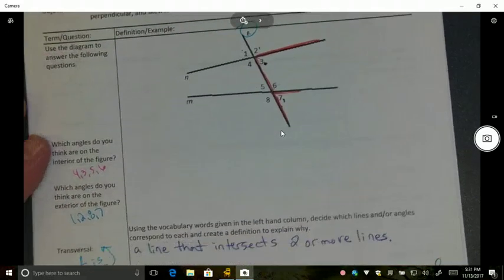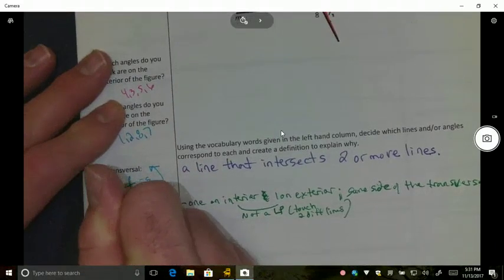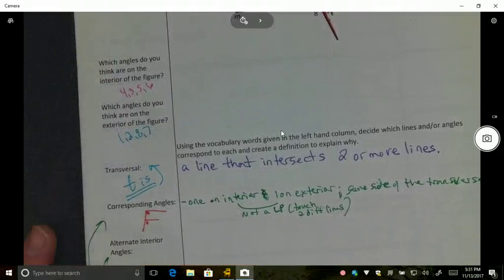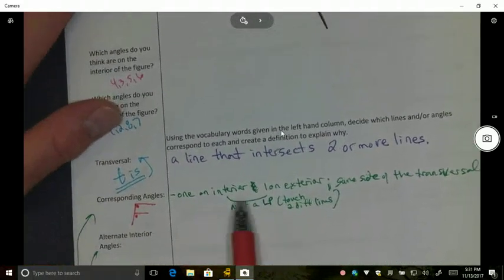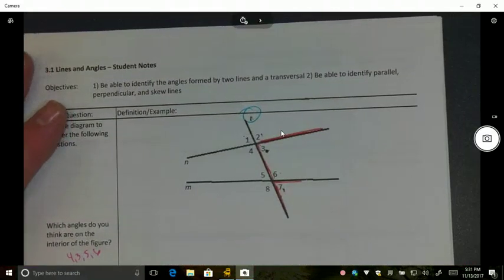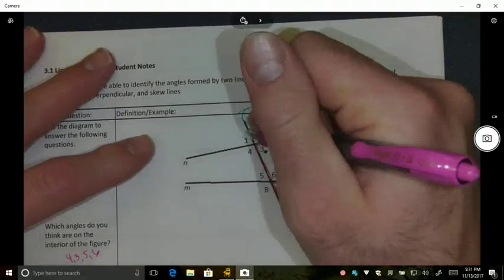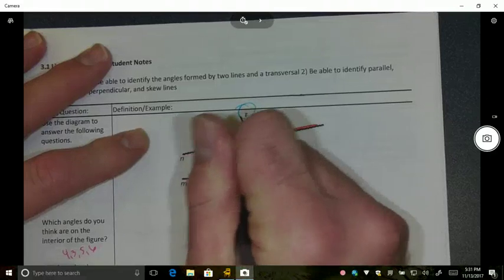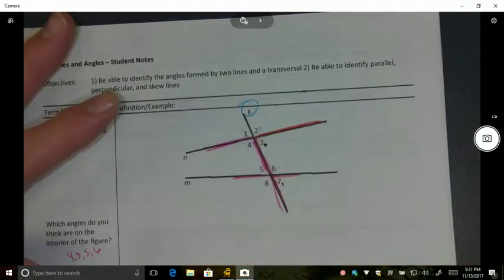So when we're looking for corresponding angles, we're looking for an F shape when we trace the angles, and it would be under the corners of the F. Now, it's not just going to be an F, though. It could be a backwards F or an upside down F. So looking at this picture, our backwards F would be angle 4 with angle 8.